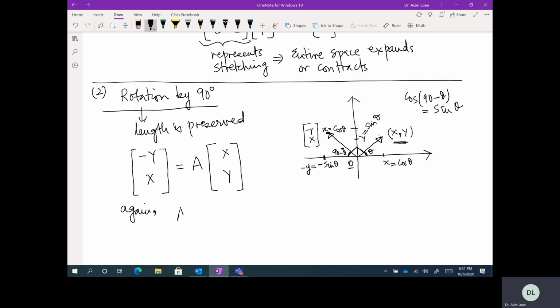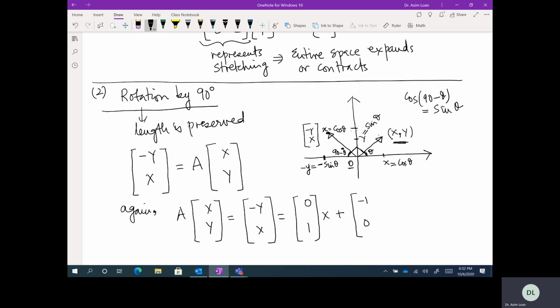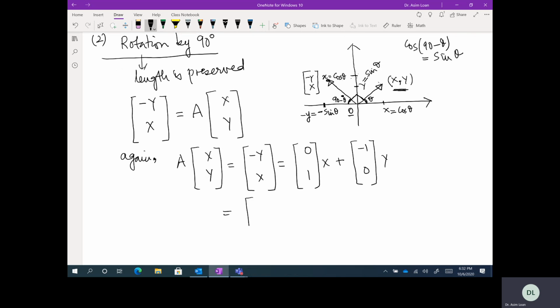I can write this as A times (x, y) equals (minus y, x), which is equal to (0, 1) times x plus (minus 1, 0) times y, or I can write this as the matrix [0 minus 1; 1 0] times (x, y).